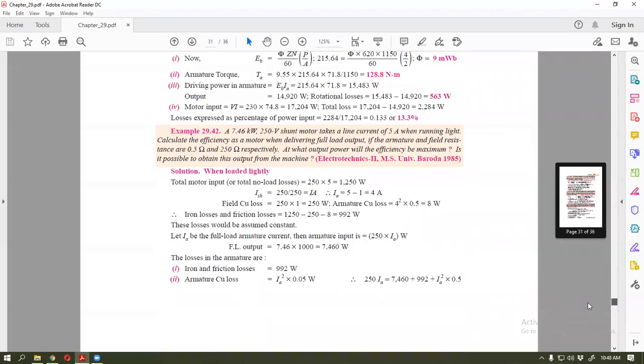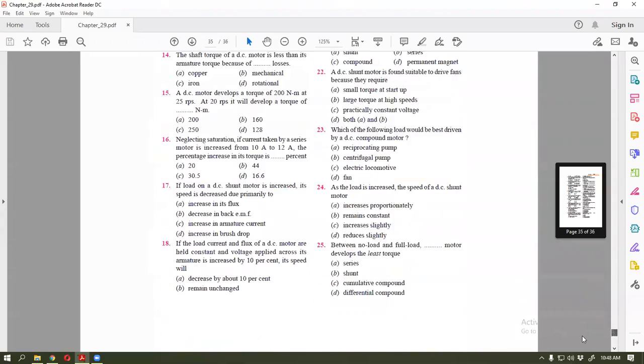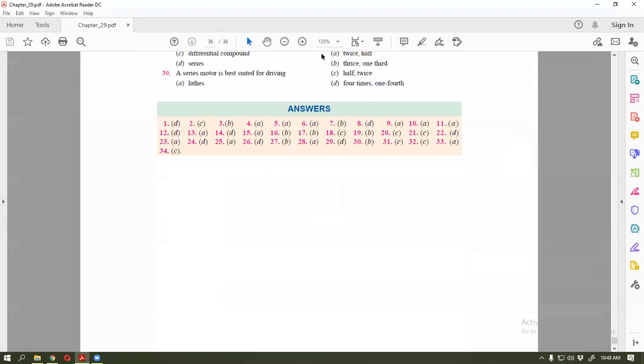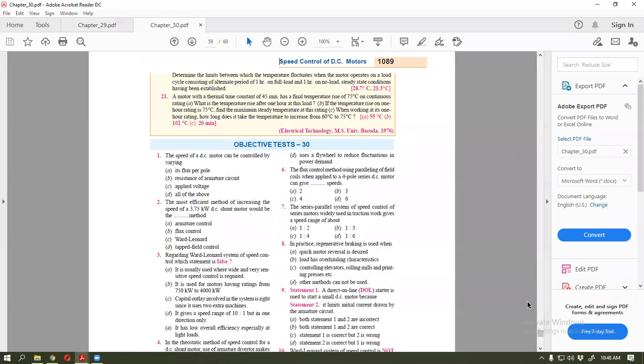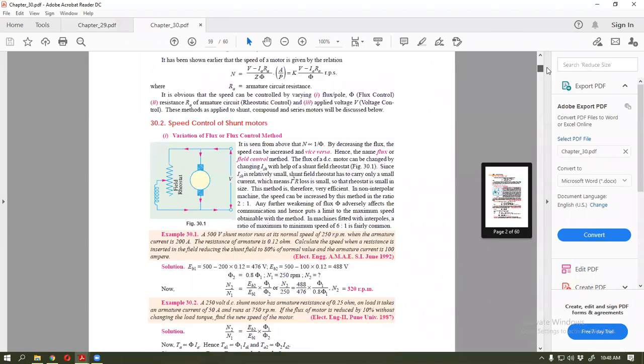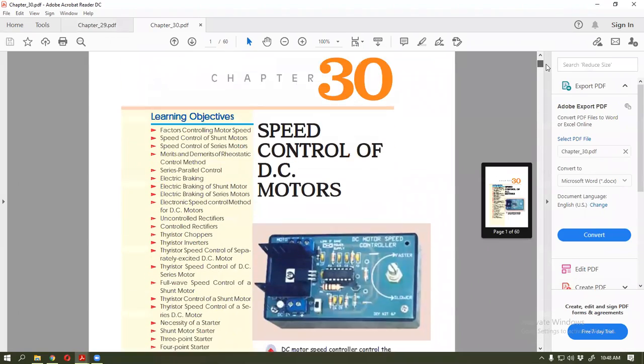So our chapter 29 is finished, and chapter 30 is almost finished. Chapter 30 is the speed controlling of DC motor.